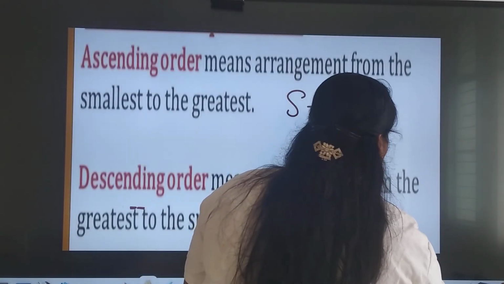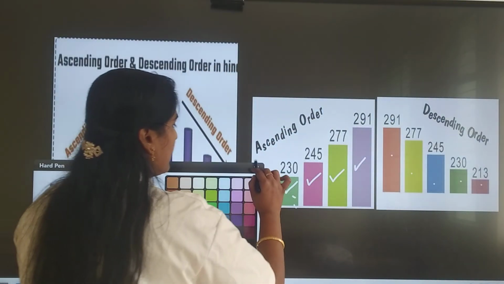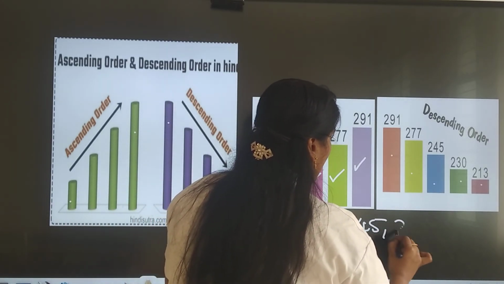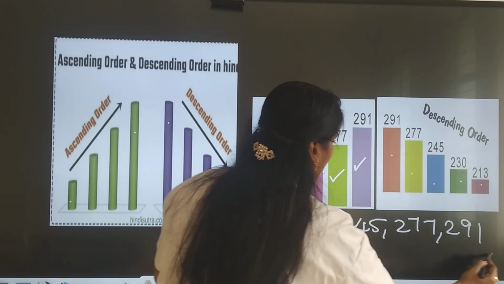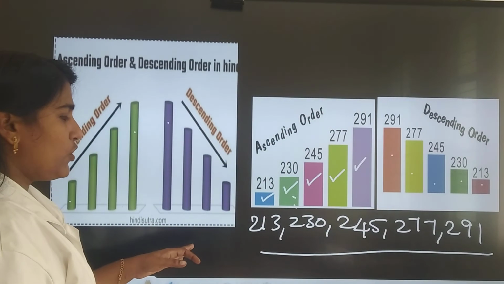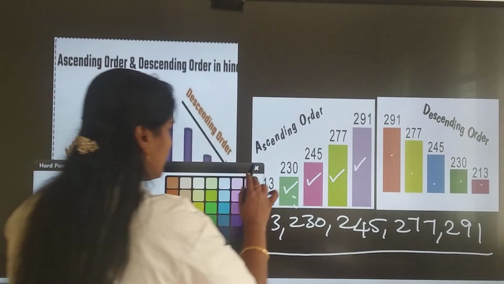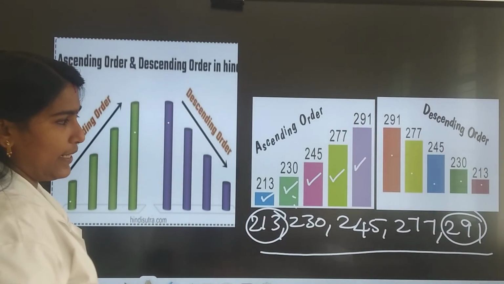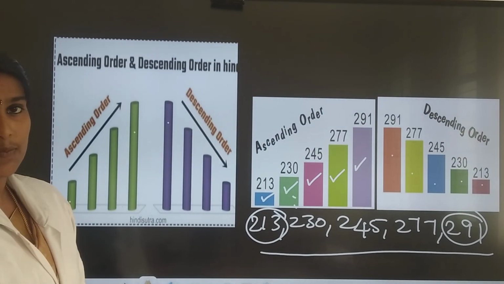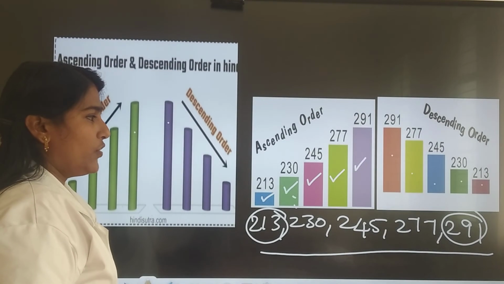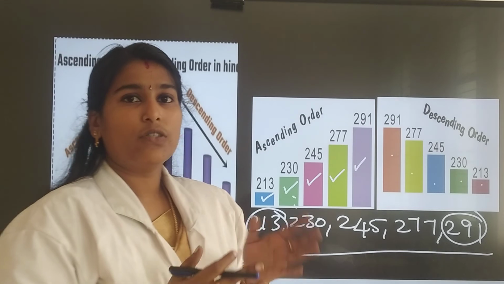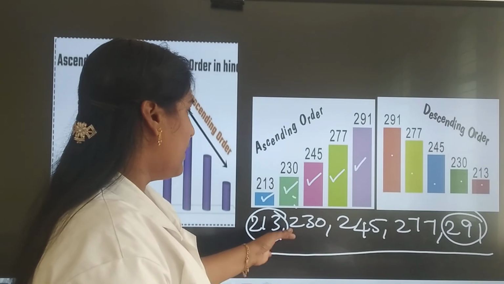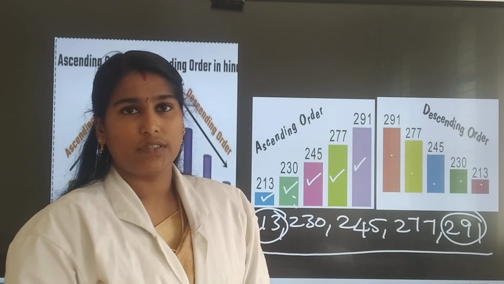And here you can see some example numbers: 213, 230, 245, 277 and 291. From these, which one is the greatest number? Yes, the greatest number is 291 and the smallest number is 213. Okay, so we studied comparing numbers, the two ways of ordering numbers, and the largest and the smallest numbers. Thank you.